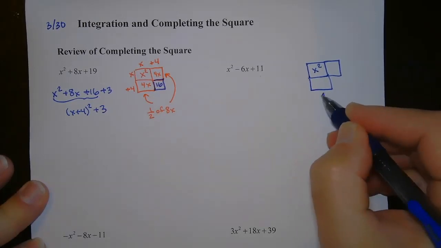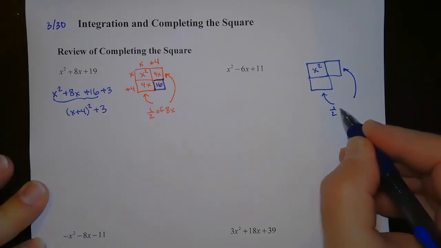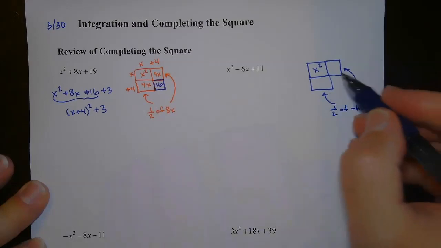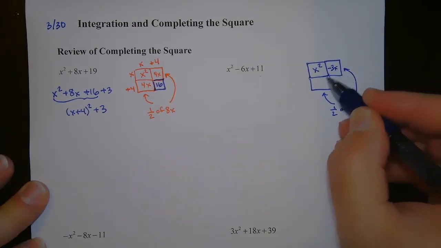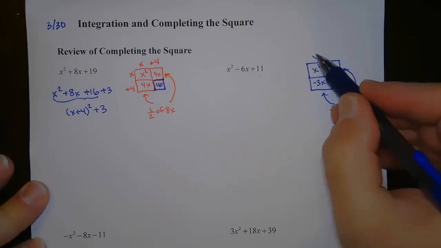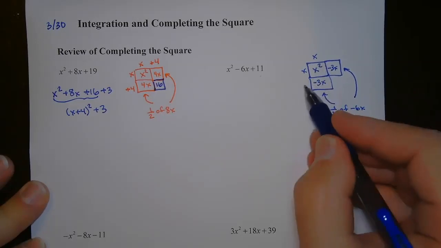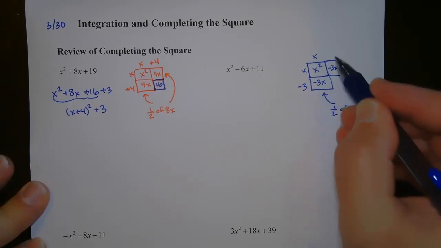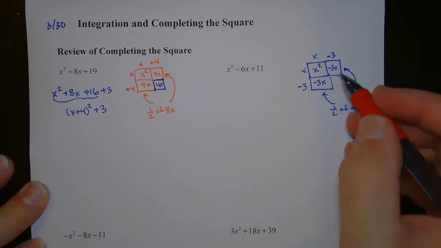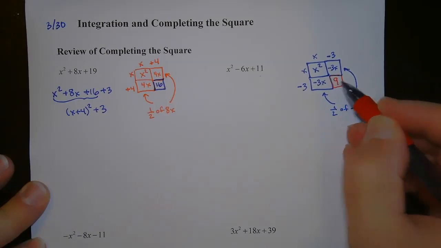We're going to put half of negative 6x in each of those, so that would be negative 3x and negative 3x. And then this one's x by x. If that side's x and this area is negative 3x, this side would have to be negative 3. This side would have to be negative 3. And negative 3 times negative 3 is positive 9. So this little part that we're going to need to add is 9.